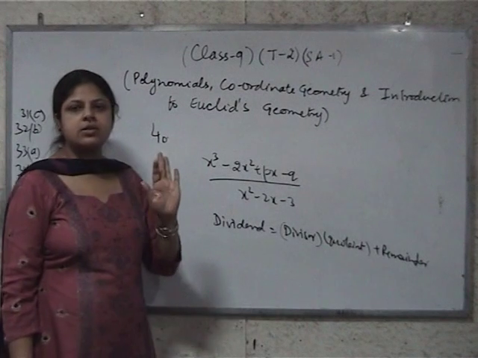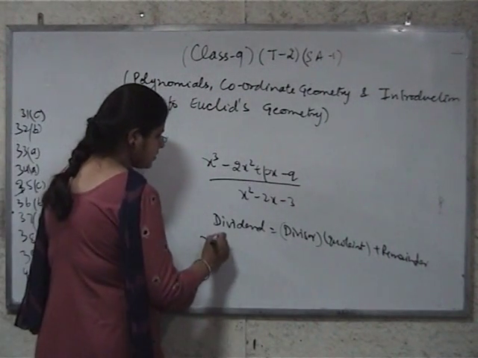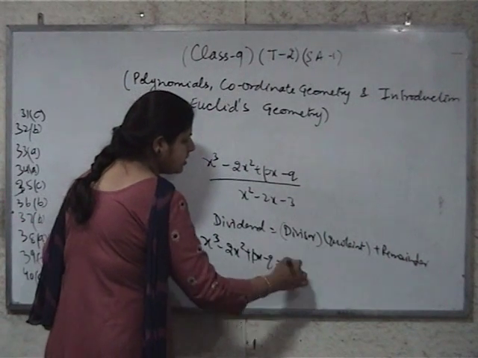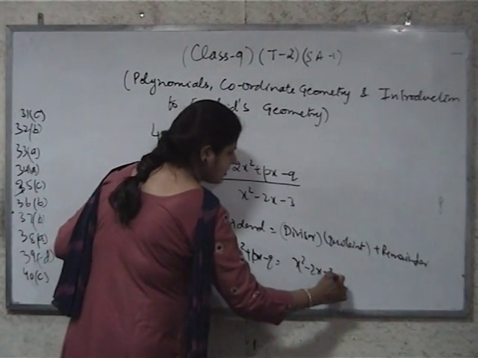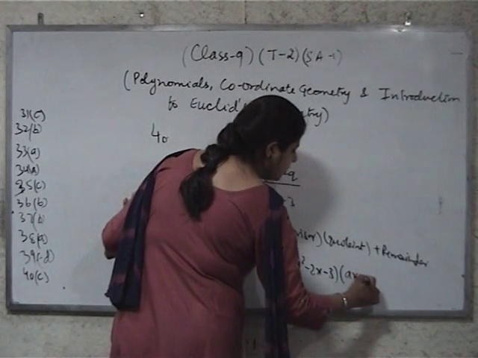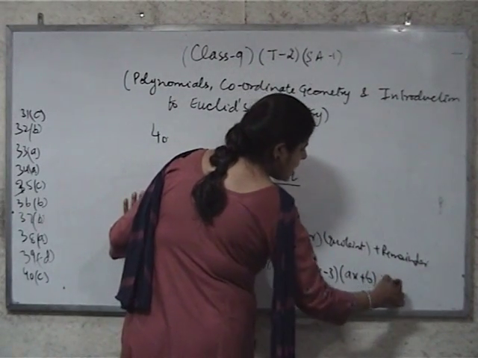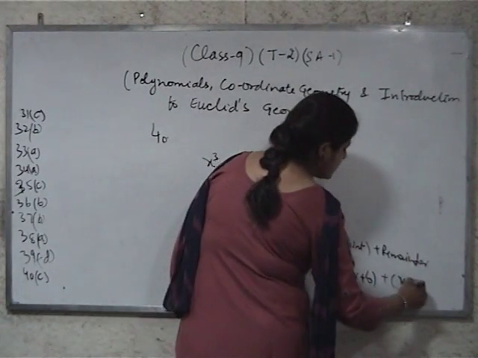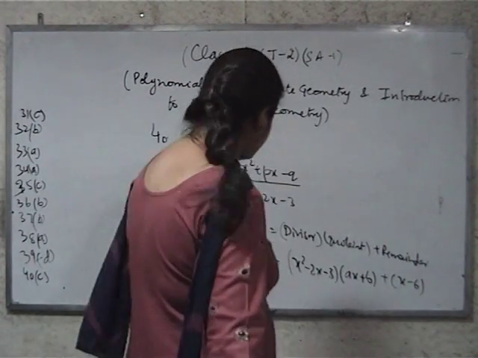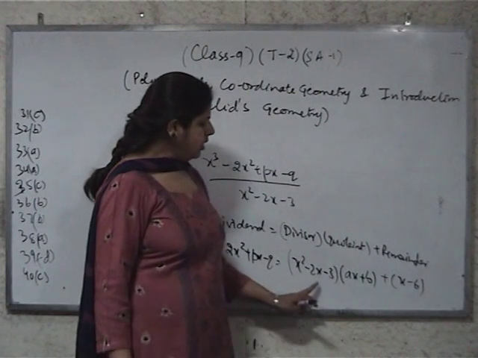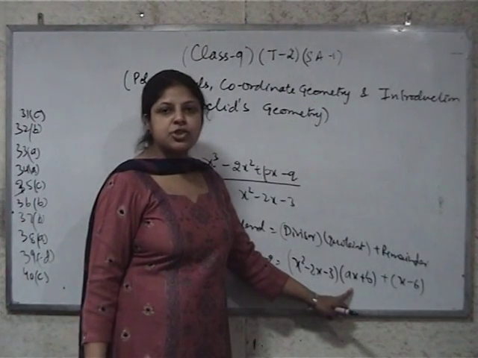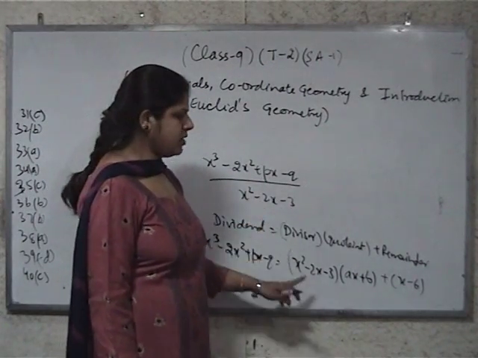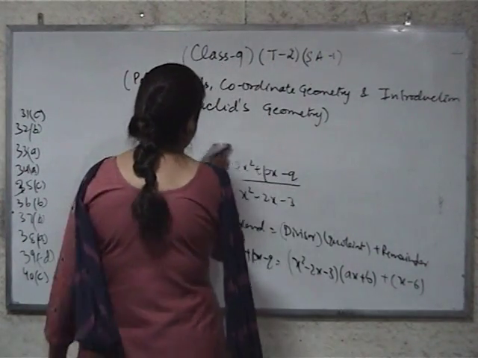I assume that the quotient is ax plus b and the remainder is given to be x minus 6. Why linear? Because this was a cubic, this was a quadratic.